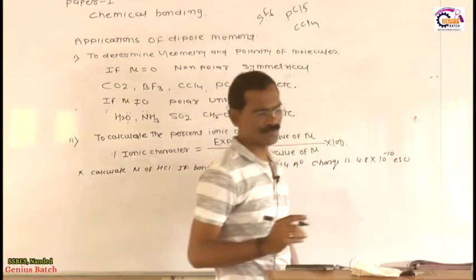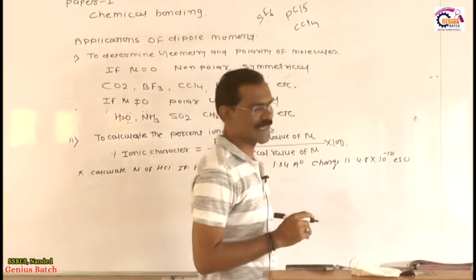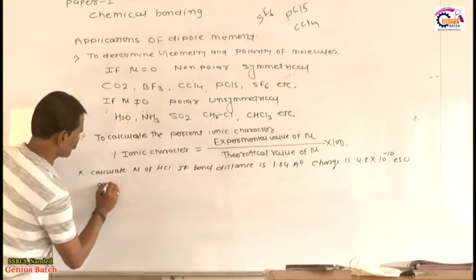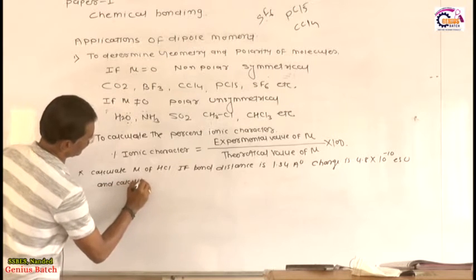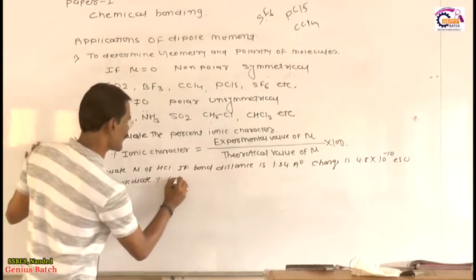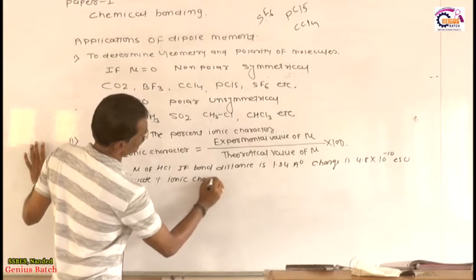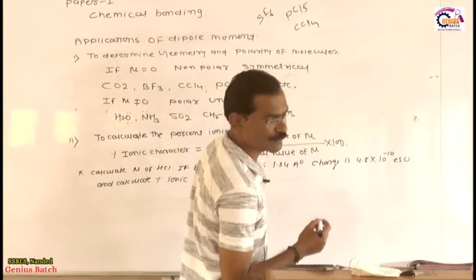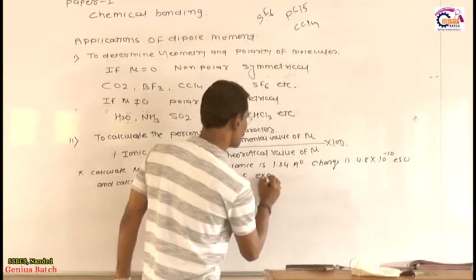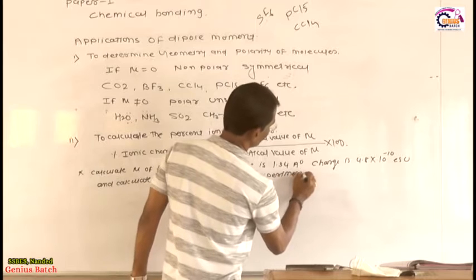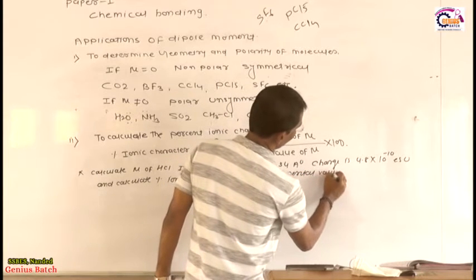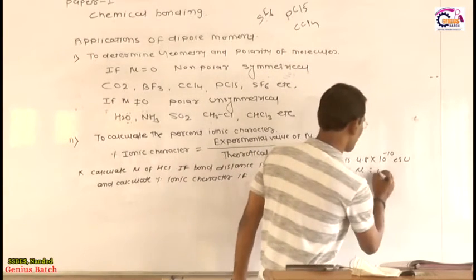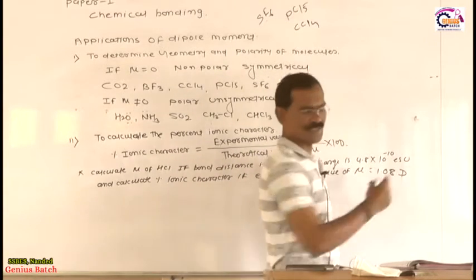And calculate the percent ionic character if the experimental value of mu is 1.08 D. So these are the given data.